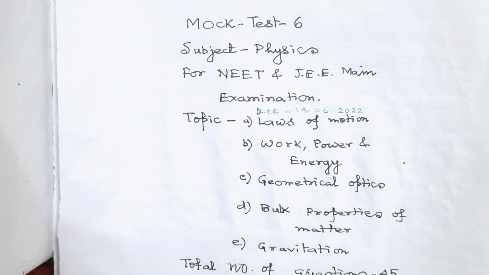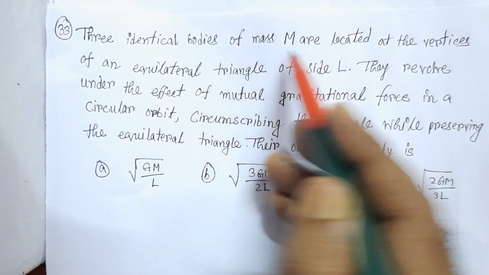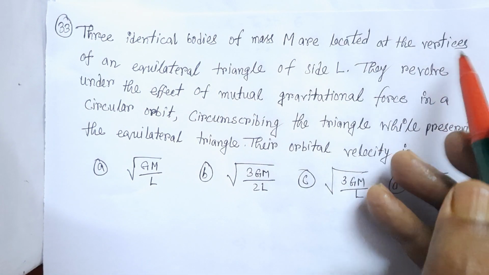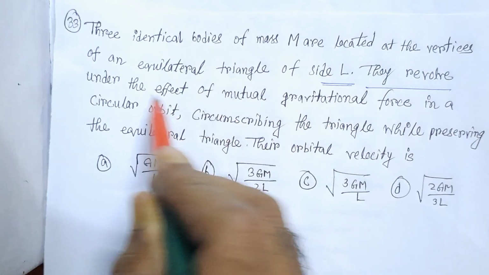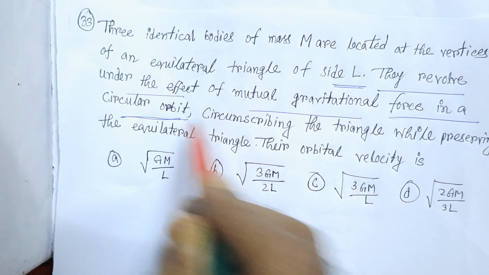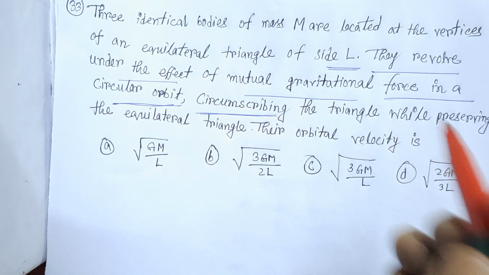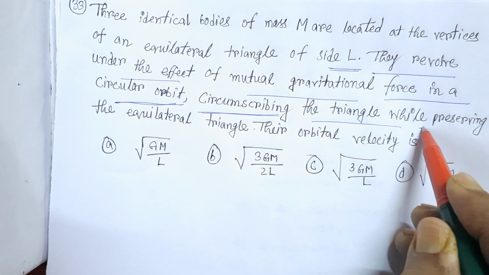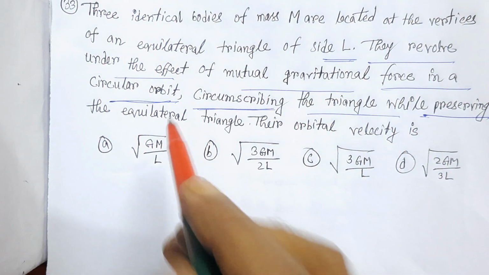Now let us see question number 33. In this question, three identical bodies of mass m are located at the vertices of an equilateral triangle of side L. They revolve under the effect of mutual gravitational force in a circular orbit circumscribing the triangle while preserving the equilateral triangle.